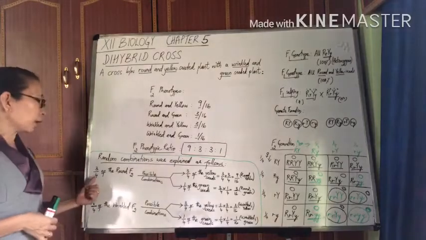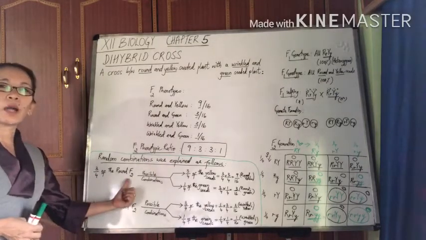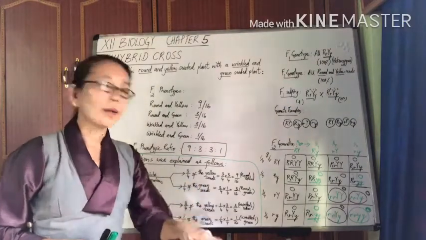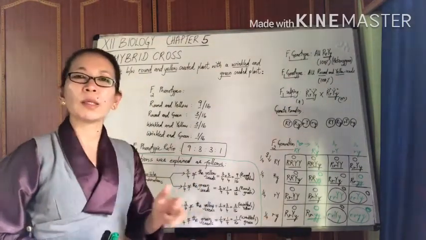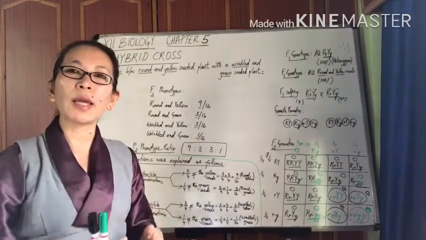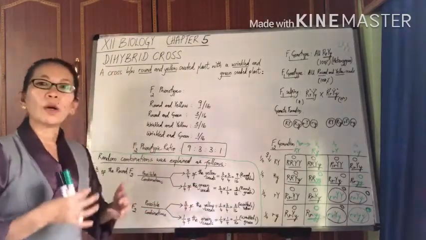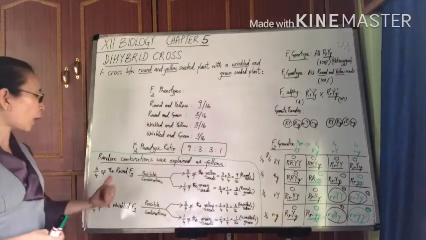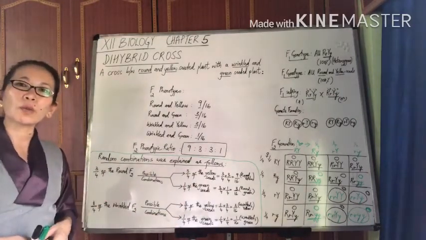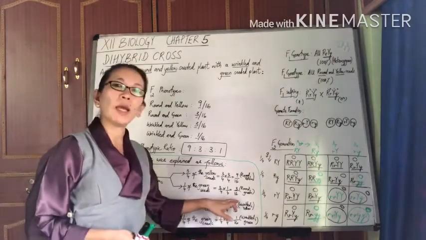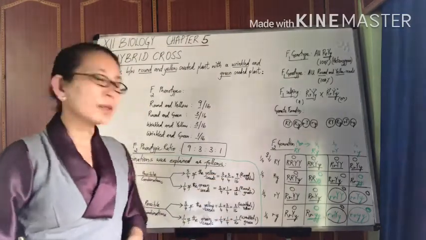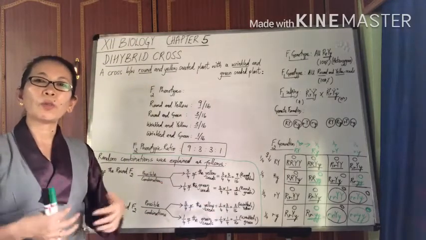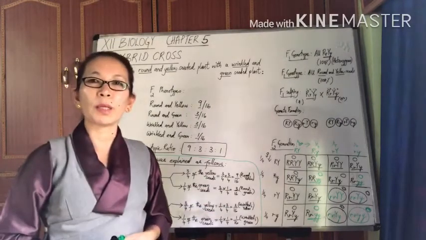Likewise, he said if 3/4 of the round seeds were to combine with 1/4 of the green seeds, because green seeds exist in the 3:1 ratio, so 1/4 of the green seeds combining with 3/4 of the round seeds would result in 3 parts of all the possible combinations, that is, of all 16 possible combinations.